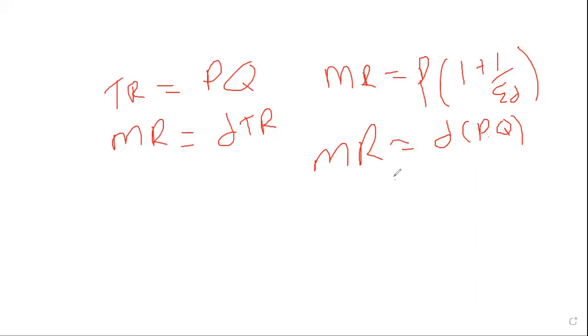So here we're going to do this: price times quantity, divided by, this is dTR over dQ.